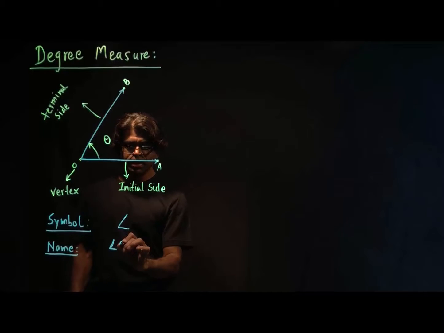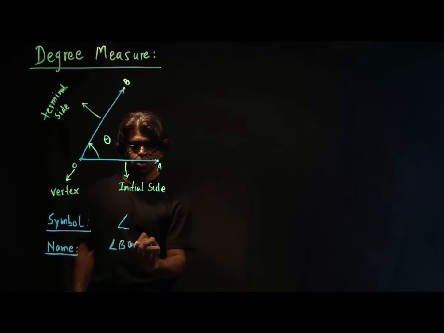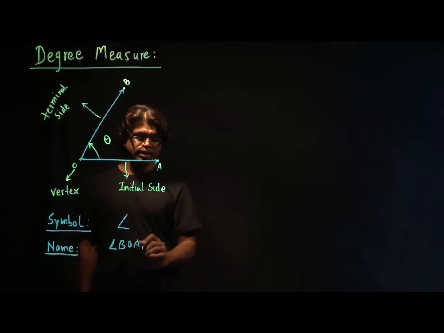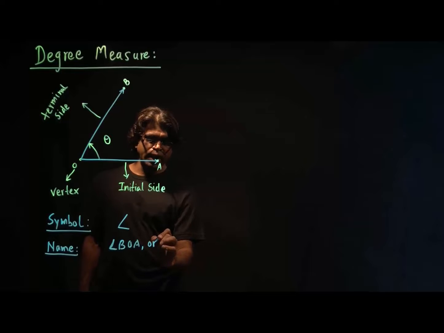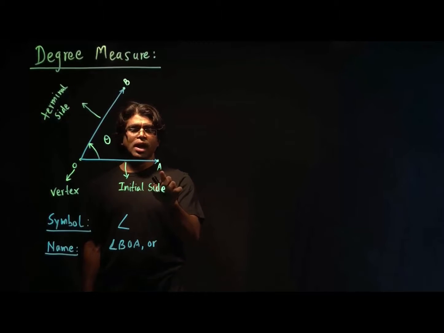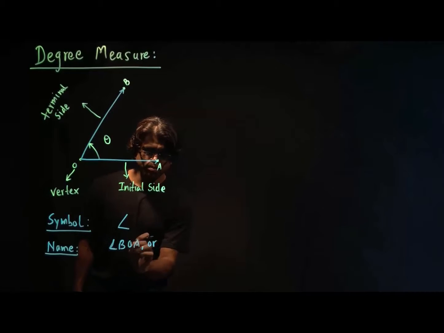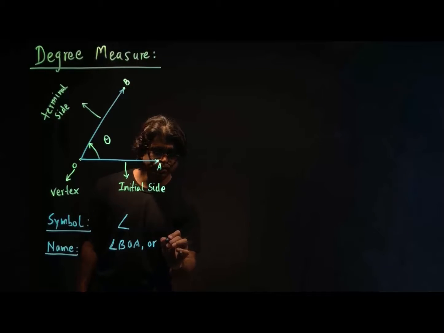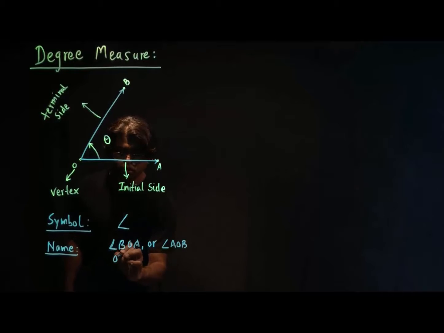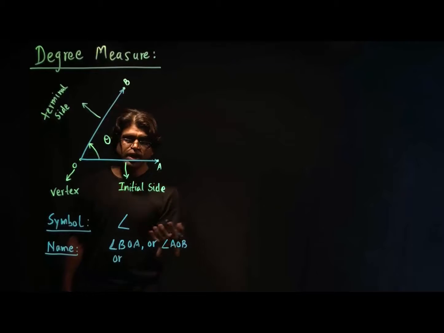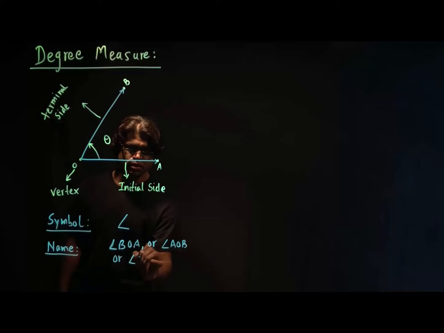So the name of this angle is BOA. I can also write angle AOB. So either I write BOA or I can also write angle AOB. Some people also prefer to write just using the vertex. So we can also write this one as angle O.